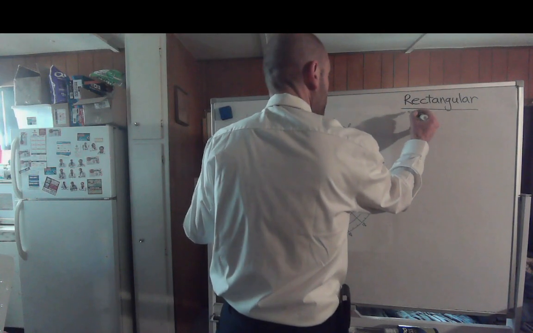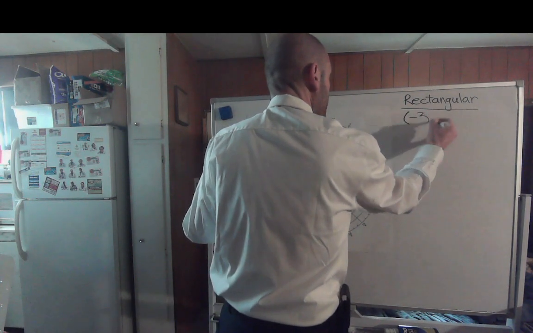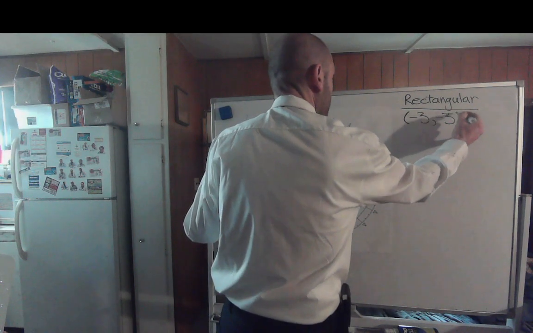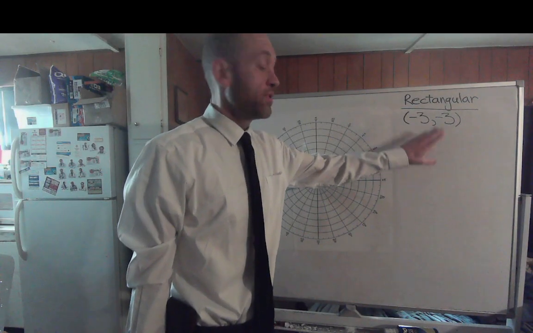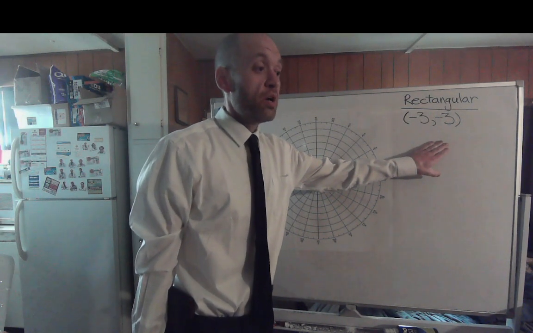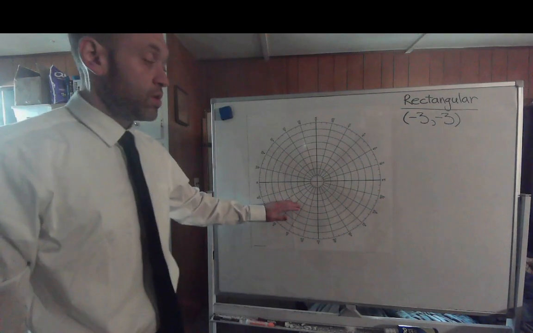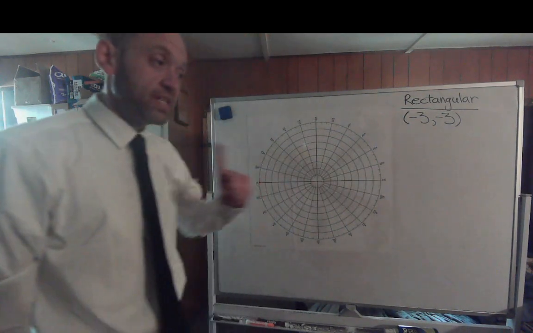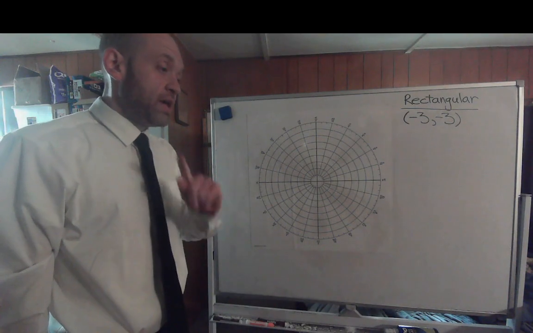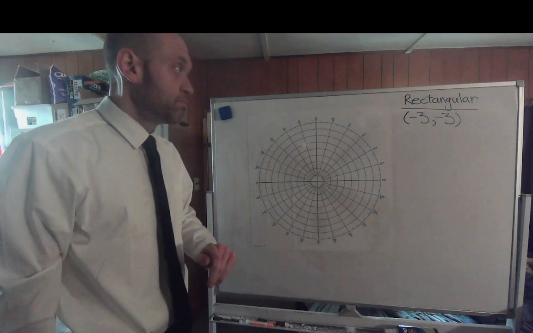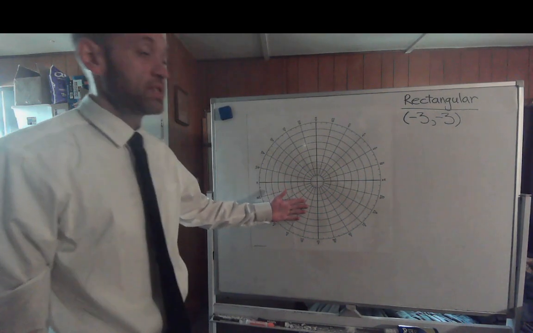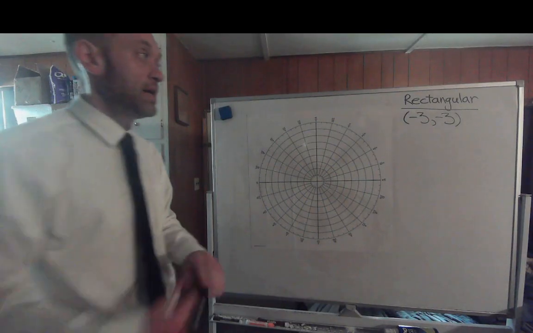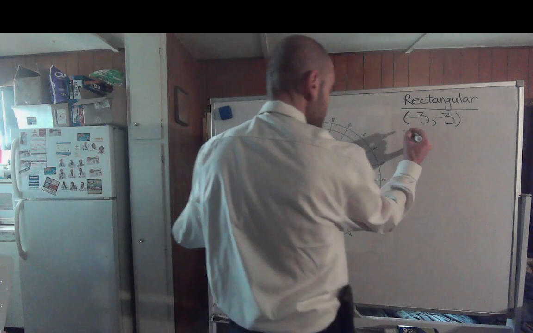Let's say I give you the rectangular coordinate -3, -3. So -3, -3 in the rectangular system, well, that would put you in the third quadrant, wouldn't it? So that should give you a clue that your theta should be in the third quadrant in the polar system. So keep that in mind. So first, let's find the radius.